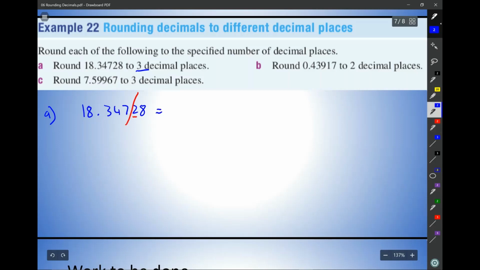It's less than 5, so our number will be unchanged. We're going for 2 decimal places in this one. Our critical digit is 5 or more, so this number is going to change to a 4.